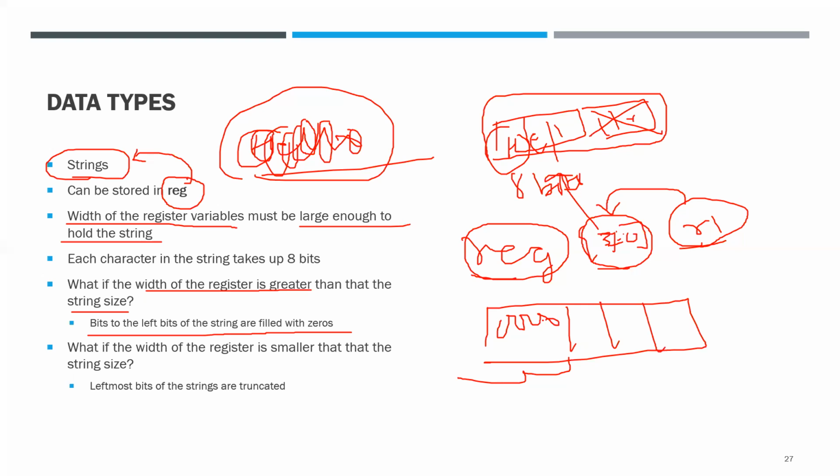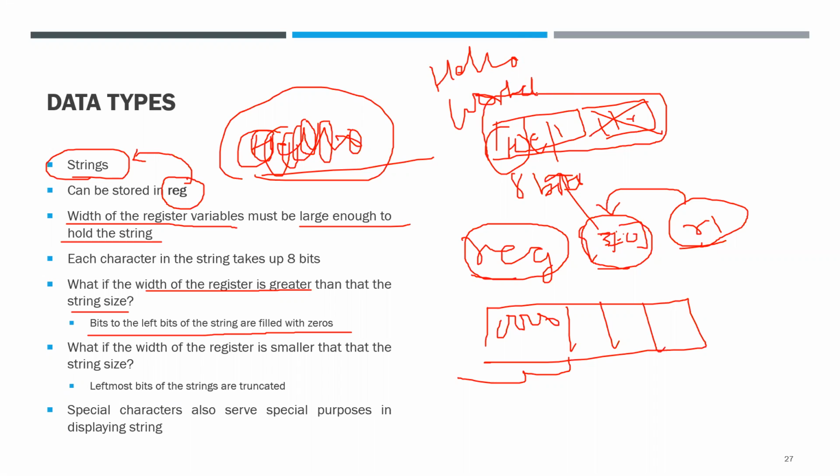Now, there are some special characters we deal with. How can we go ahead with displaying those? For example, there is hello, and I want an enter over here, and then I want to specify world.